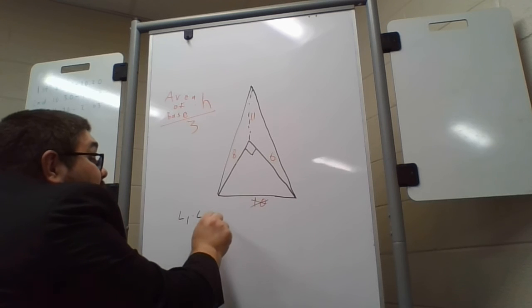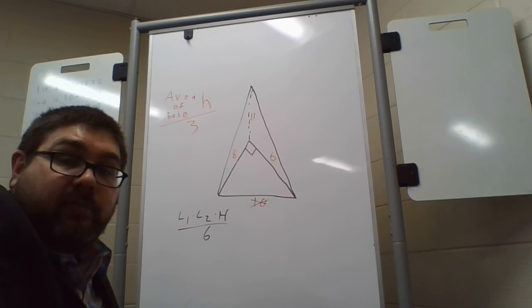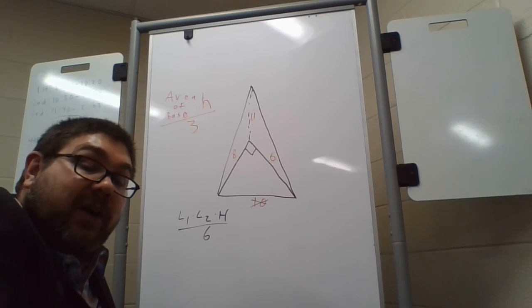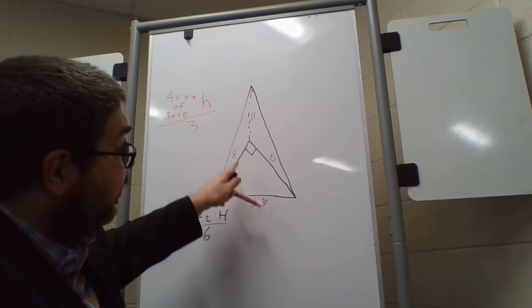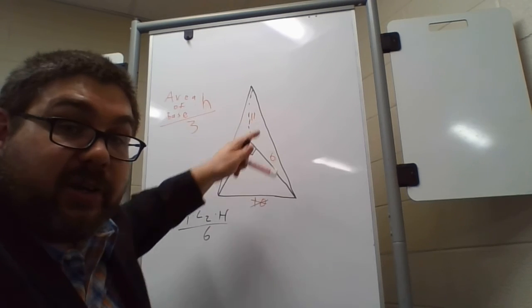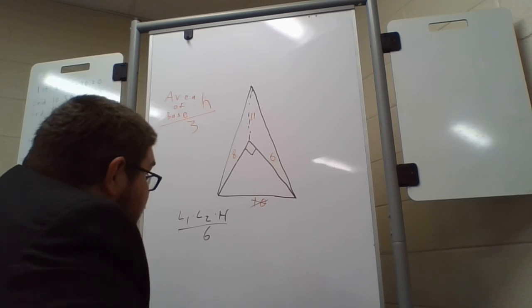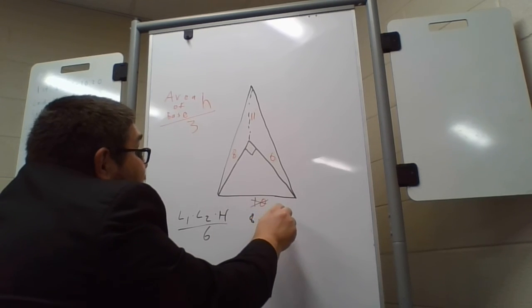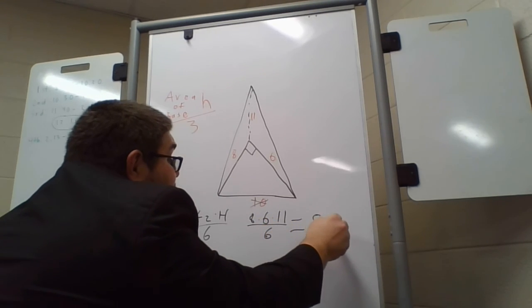We're not using the hypotenuse. Times height divided by 6. 2 times 3 is 6. We're dividing twice, once by 2, once by 3. That's 6. Cross out the hypotenuse, multiply the other 3 numbers together, divide by 6. In this case, 8 times 6 times 11 divided by 6 is 88.